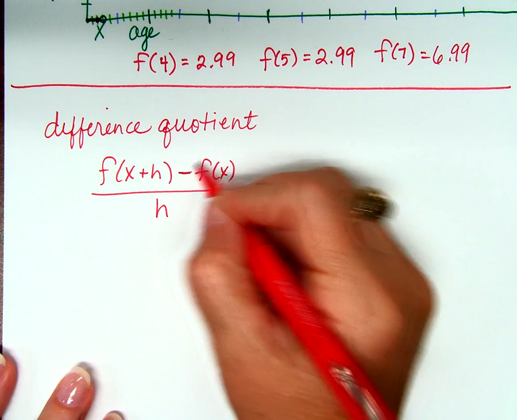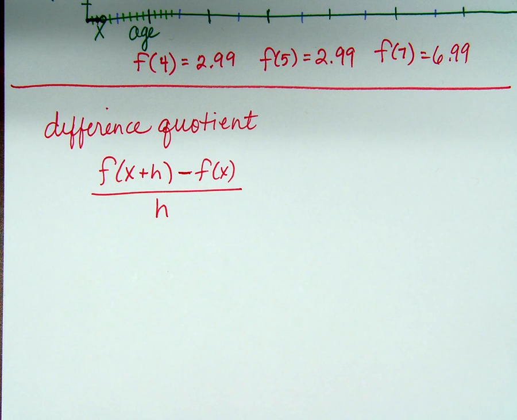So, does the title of this make sense? Difference, because there's subtraction. Quotient, because there's division. You okay with that?